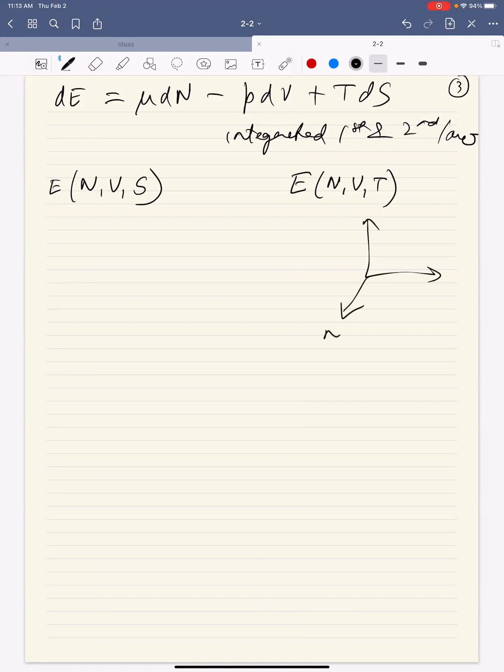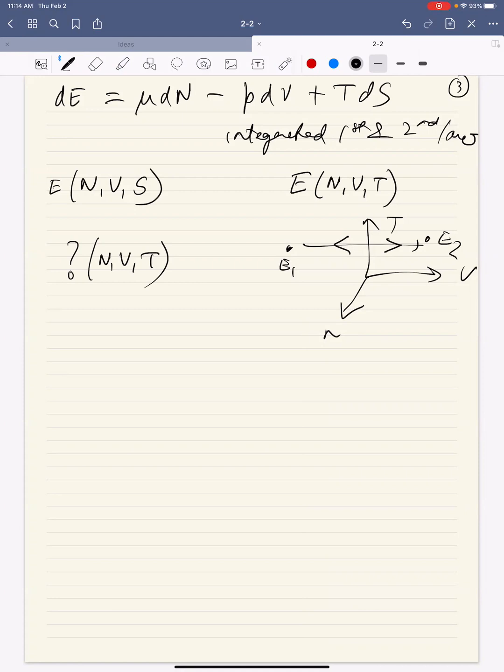It means that in N, V, T, if I told you the value of E1 here and the value of E2 here, you cannot say whether the reaction will proceed in this direction or in the back direction, right? E does not contain that information. The question then is, is there a variable which, when viewed as a function of N, V, T, does contain that information? I already told you that's the Helmholtz free energy, right? So let's show that is actually the case.